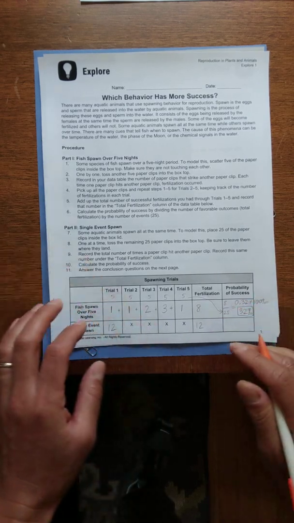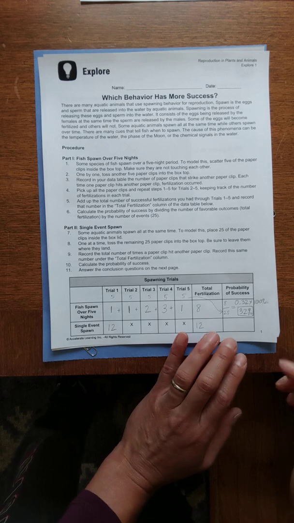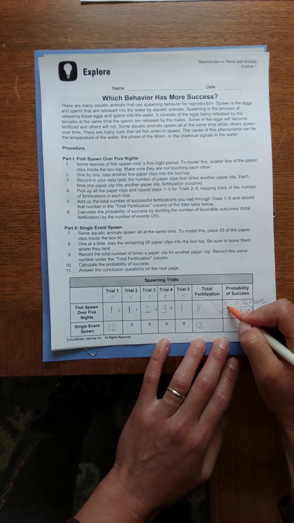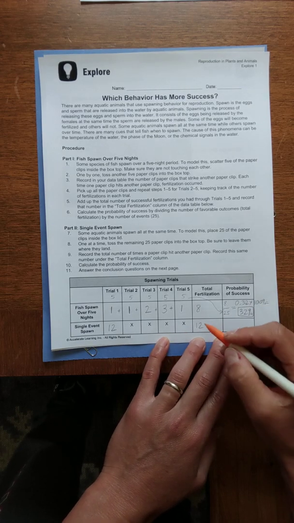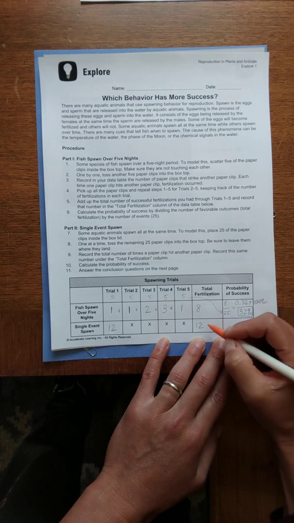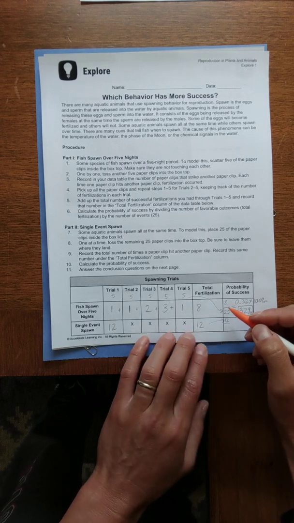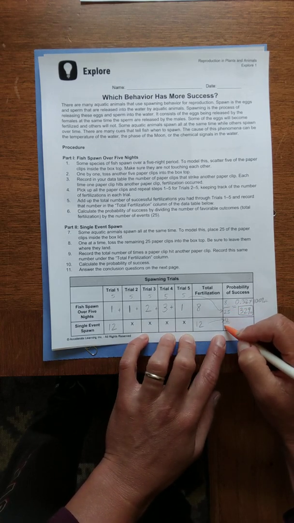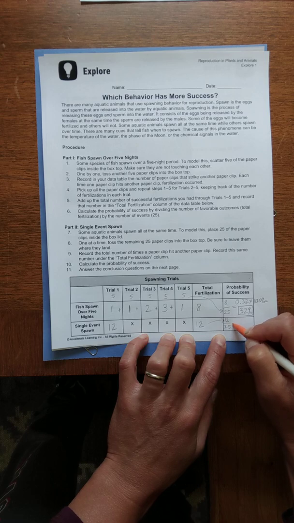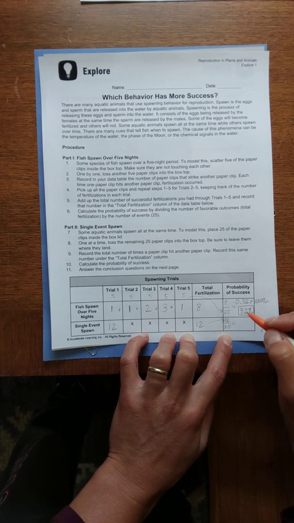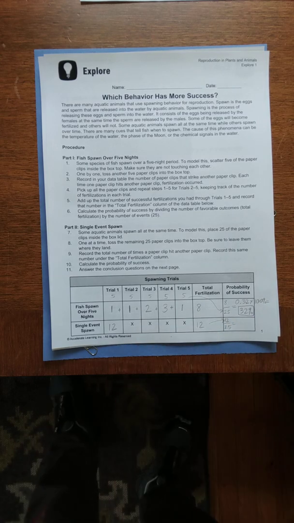And our probability of success is going to use the same process that we did for the previous one. So we're taking the total number of fertilizations, which is 12, and dividing by the total possible fertilizations, which is 25.